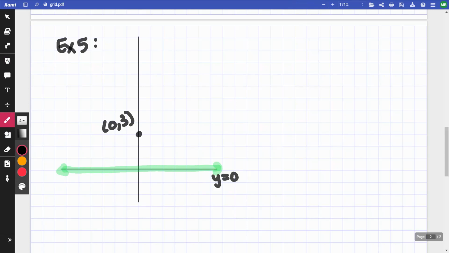So 1, 2, 3, 4, 1, 2, 3, 4-ish. So that point is 4 comma 4.3923. Okay, that's kind of a yucky point, but we should still be able to figure it out. So we have our graph.